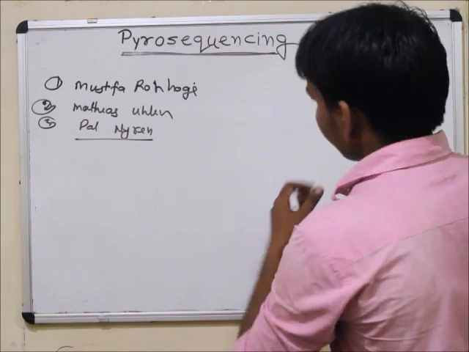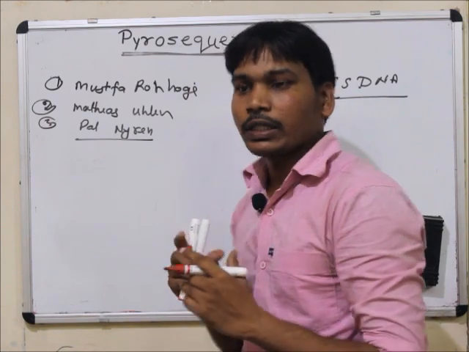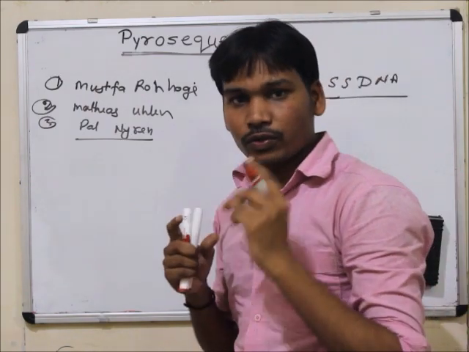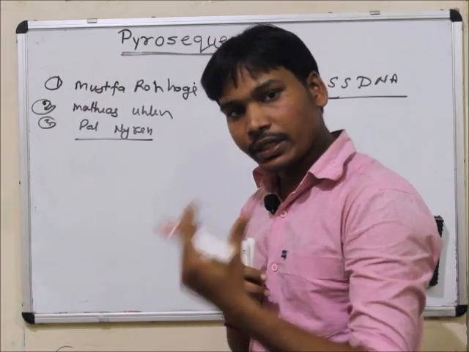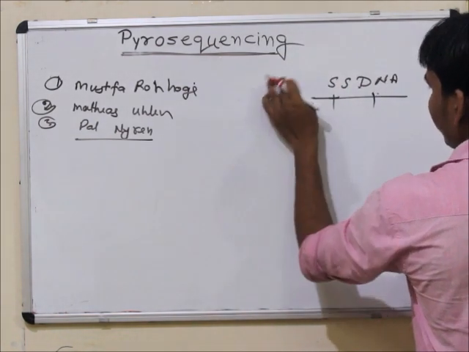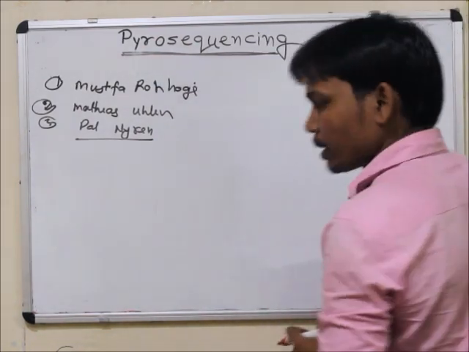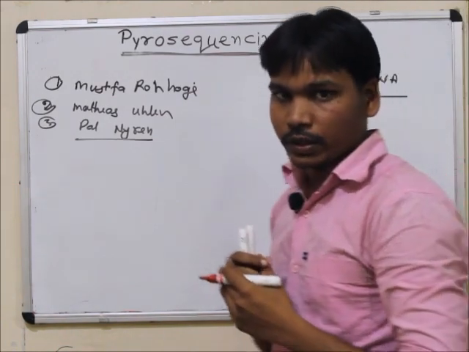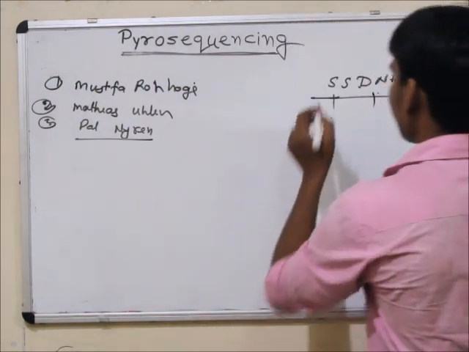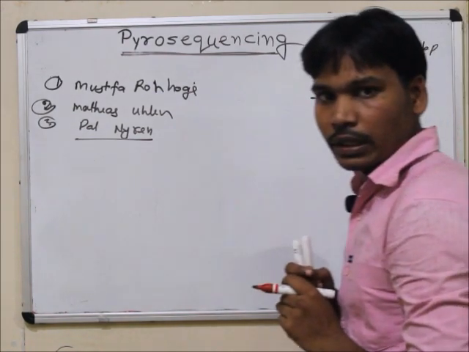Then each fragment is used in a separate reaction. Suppose three fragments are obtained. These three fragments are first denatured to get single stranded DNA, and each fragment is used in its own pyrosequencing reaction. A limitation of pyrosequencing is that it sequences only 300 to 500 base pairs.